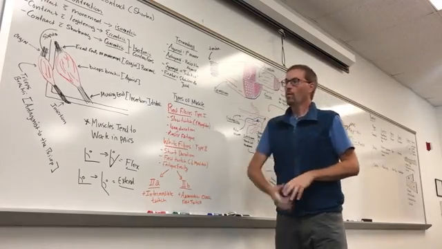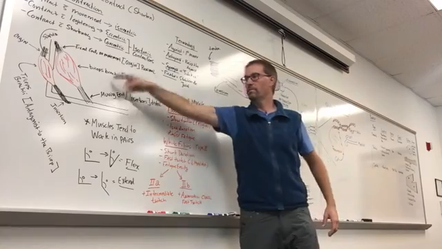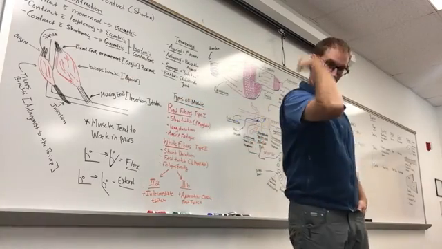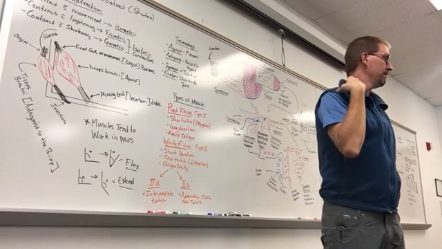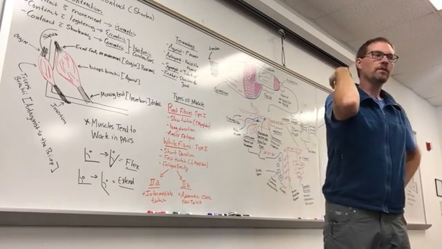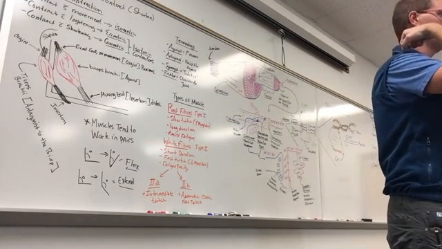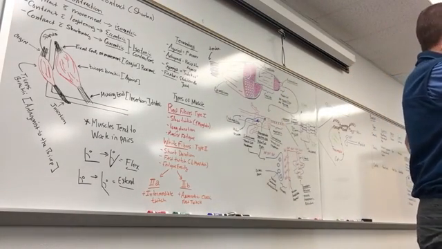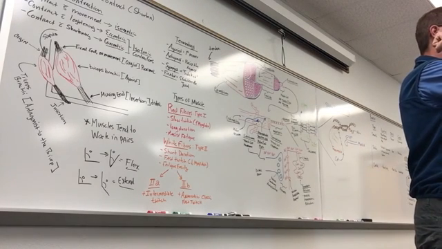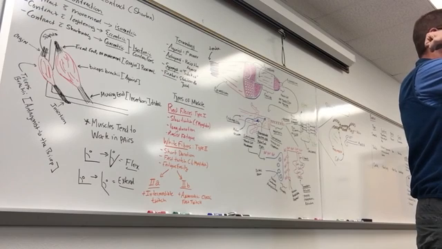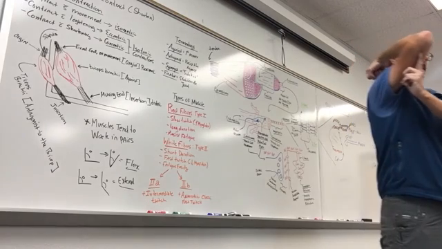So when we talk about flexing the forearm, the agonist, the prime mover, is going to be the biceps brachii. But remember, muscles tend to work in pairs. So the other major part of that equation is a muscle that wants to oppose that. What muscle do you suppose is going to oppose flexing? The triceps. If the triceps contracts, what happens to the forearm?